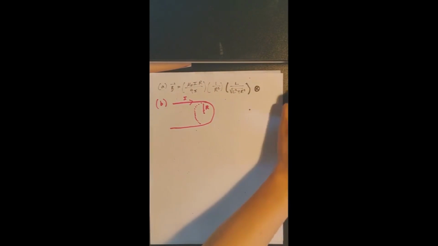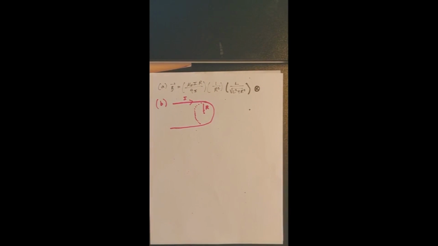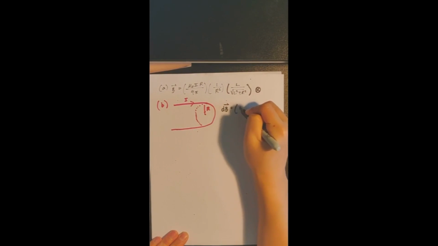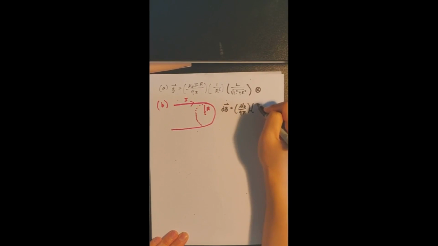And because this is finite, we still have to use Biot-Savart law. And Biot-Savart law again is just going to be dB is equal to mu naught over 4 pi I dl cross r hat over r squared.